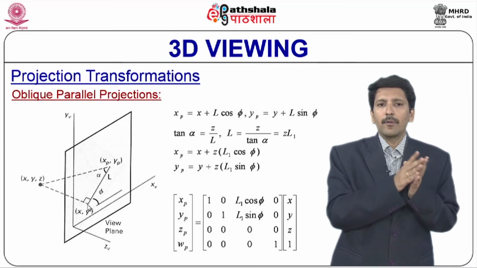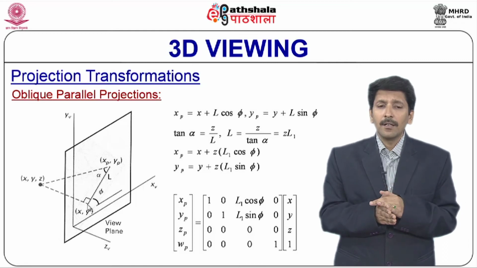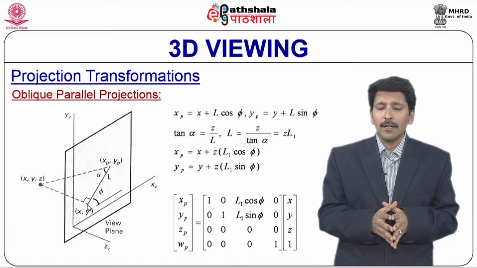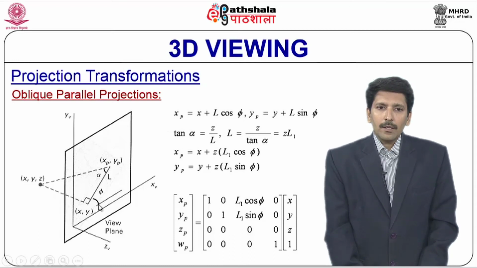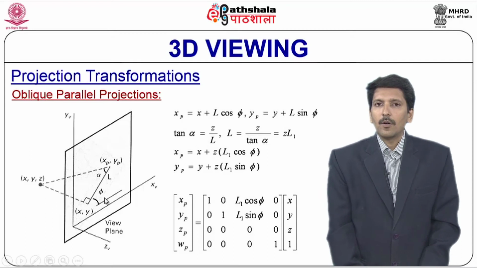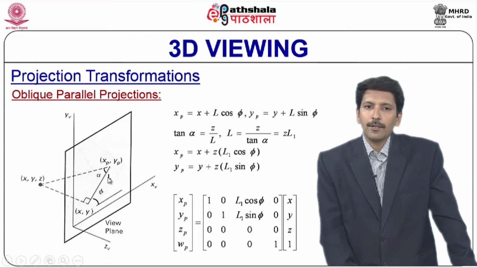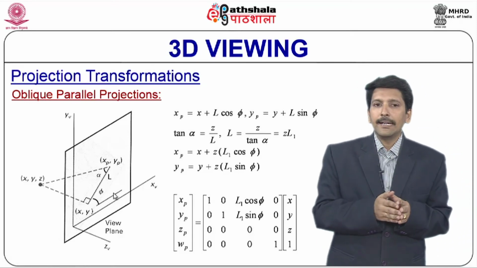Alpha is the angle between the line L and the oblique line of projection. These are the various elements of this derivation. Let us first start the derivation by considering the cosine of the angle phi. What is cos phi? Cos phi is the adjacent side by the hypotenuse. So, how do we get the adjacent side? How much is the adjacent side?